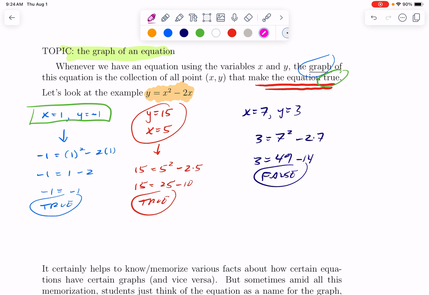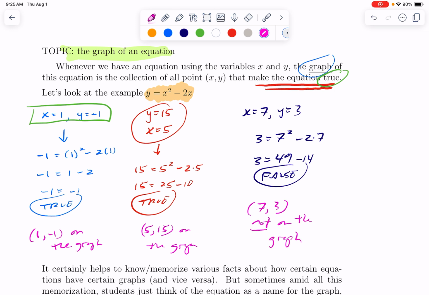So what we've learned here is that the point 1 comma -1 is on the graph. The point 5 comma 15 is on the graph. The point 7 comma 3 is not on the graph.